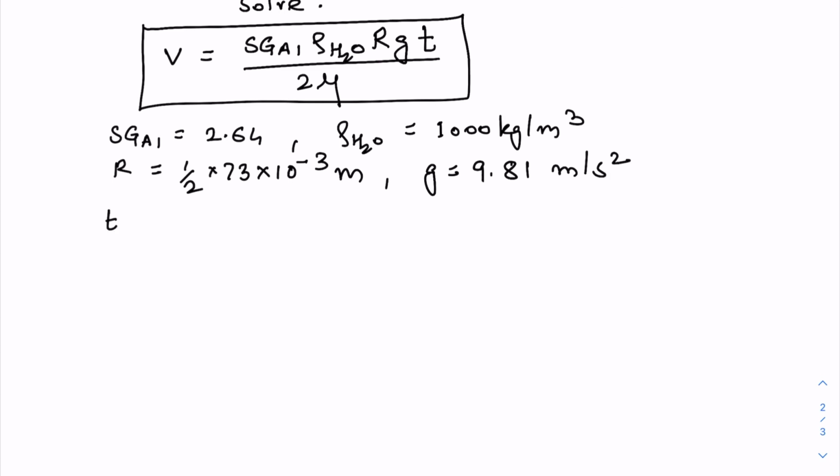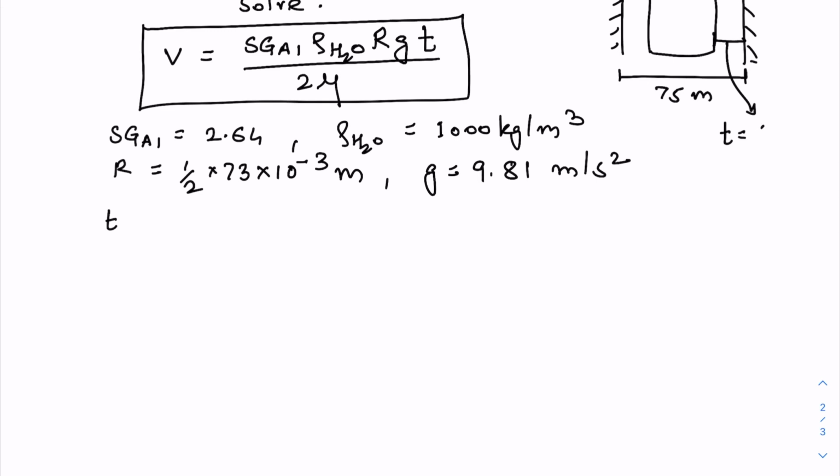The film thickness, again, if I sketch it again, the piston diameter is 73 mm, but the tube diameter is 75 mm. So this thickness T is nothing but 1 mm, so this is 10 power minus 3 meters.